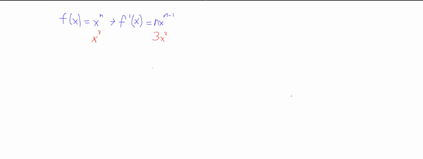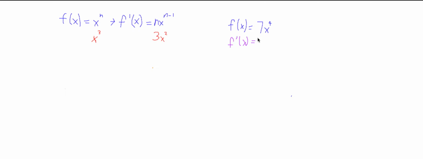Let's try it with a problem. We need to find the derivative of 7x to the 4th power. How can we find the derivative? We can use the power rule here.